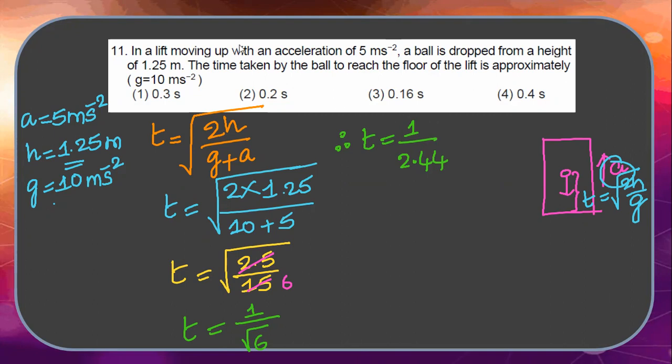Therefore 1 by 2.44 is approximately 0.4. So the time taken by the ball to reach the floor of the lift is 0.4 seconds.